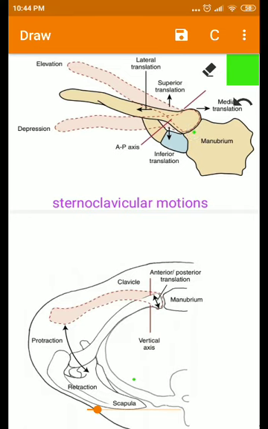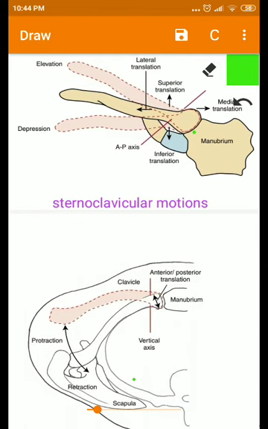Motions of any lever are always described osteokinematically by the movement of the distal segment of the lever. For example, if you take an arm or upper limb and you are moving at the shoulder joint, the segment below the joint is moving.